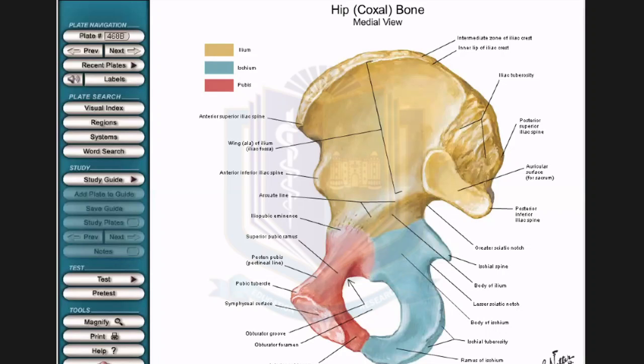What is the medial border of ilium, and which surfaces are present on the medial aspect of ilium? Roll number 155.